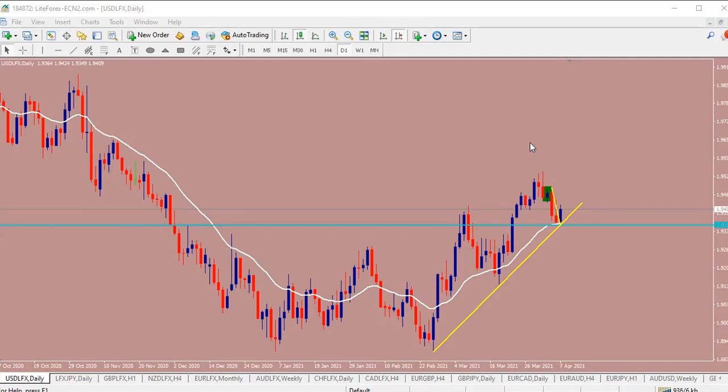You mean before it touches the EMA? Yeah, before it touches the EMA. It's going to take 5 days or 8 days. In short, after the 8 days, the price can continue the trend.